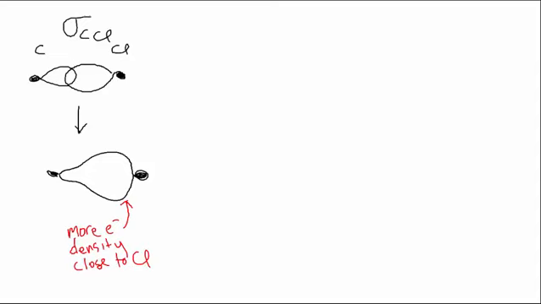Now that makes sense with our prior description of bonding, because we would have said a carbon-chlorine bond is polar. And what does it mean to say that the carbon-chlorine bond is polar? Come on, you know what that means. What does it mean when I say the carbon-chlorine bond is polar?